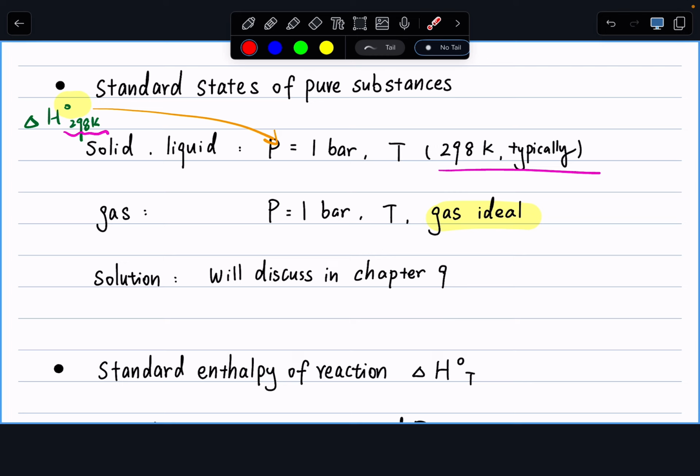All right, so far so good. You'll see these kinds of questions in true and false problems. For example, we could ask you a true and false problem saying the standard state of ethanol gas must be ideal. That's true, right? And at 1 bar. So that's a definition of standard state.